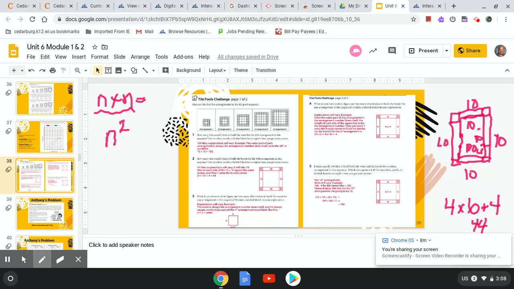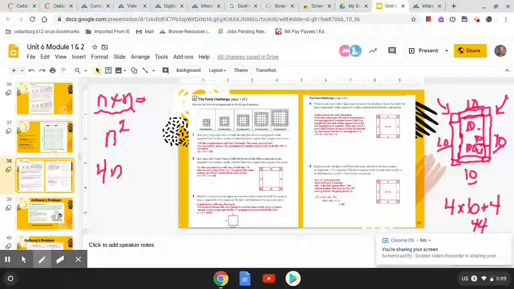So then in number 4, it asks, well, how do you figure out the amount of tiles to go around any pool? So then I went back to my original plan when I was working with my students, and I saw, if this was a 10 by 10, and each one of these were 10, I would have to multiply 4 times the arrangement, regardless of what it is.